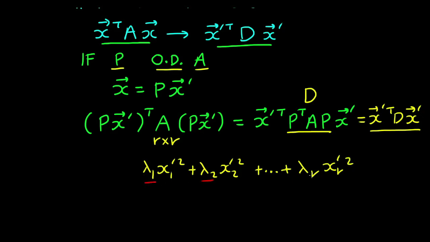So these lambdas are the eigenvalues of A that correspond to the eigenvectors that form the successive columns of the matrix P, as we've seen. So these eigenvalues will be on the diagonal of the matrix D.